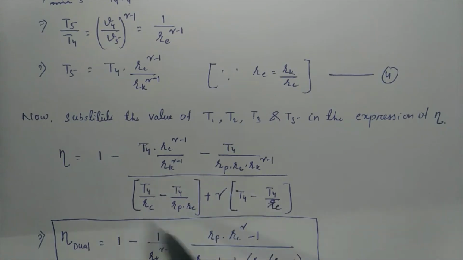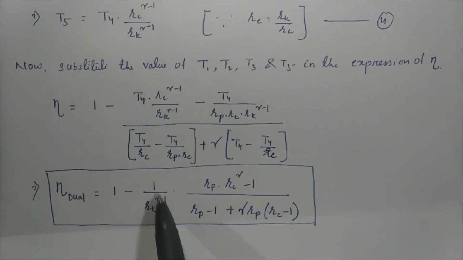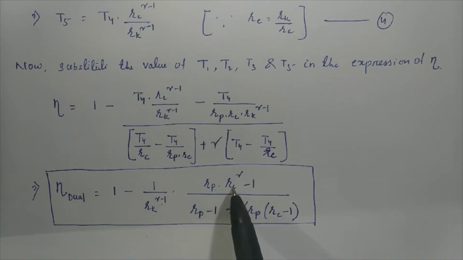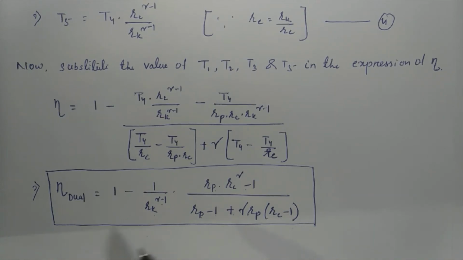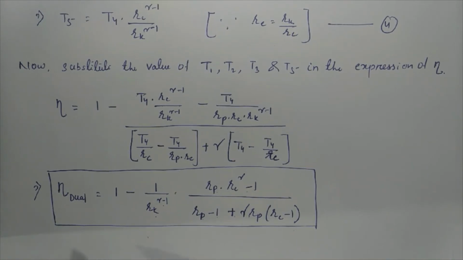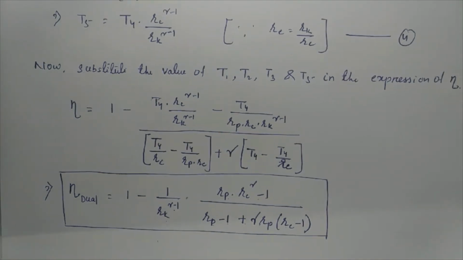If you substitute all the values, the expression of efficiency for the dual cycle becomes 1 minus 1 by Rk to the power gamma minus 1 into Rp into Rc to the power gamma minus 1 by Rp minus 1 plus gamma Rp in whole bracket Rc minus 1. This is the expression of efficiency of the dual cycle in terms of compression ratio, pressure ratio and cutoff ratio.